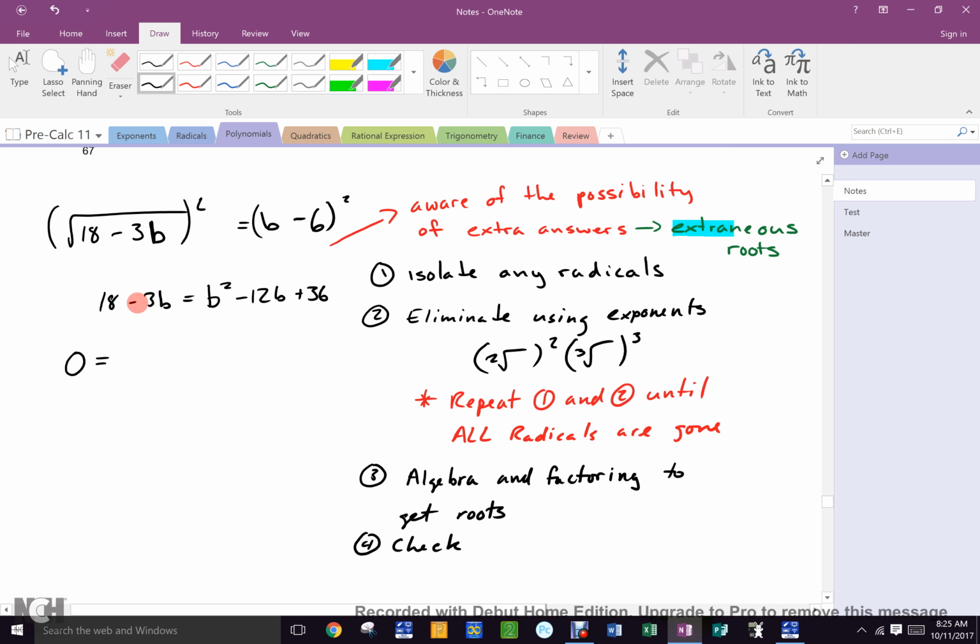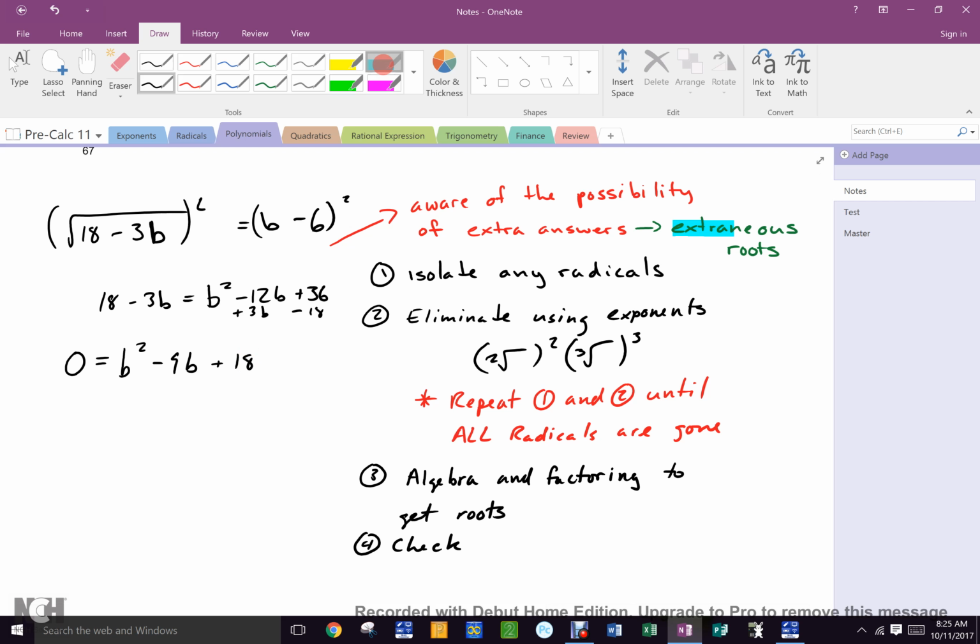What happens to that negative 3b when I bring it over to the other side? Positive 3b. So it's going to be minus 9b. What happens to that positive 18 when I bring it over to the next side? It's going to be minus 18. 36 minus 18 is what? 18.